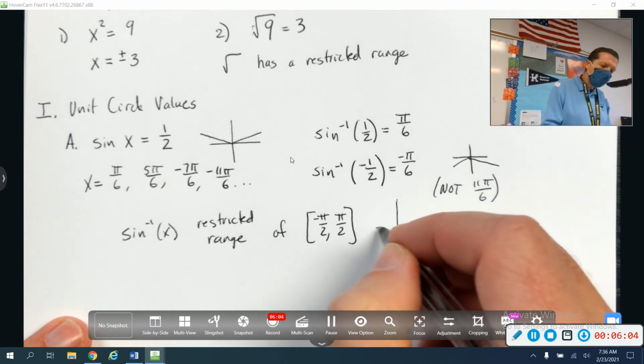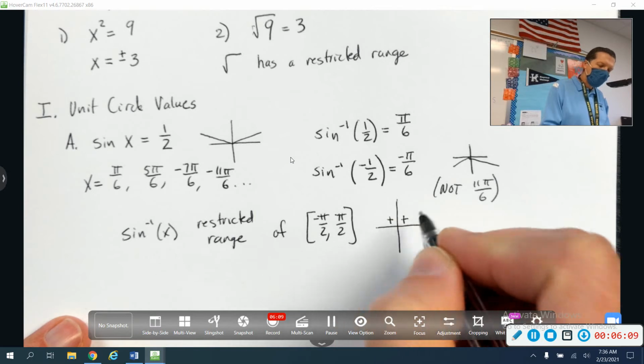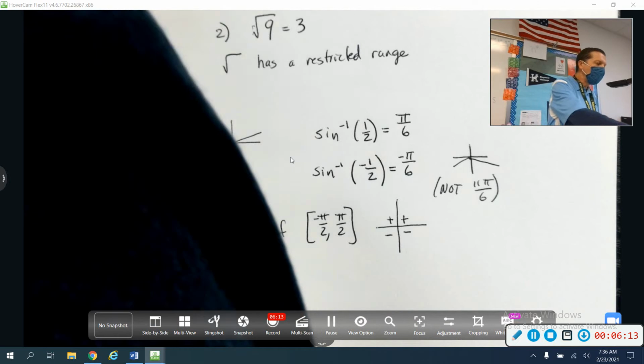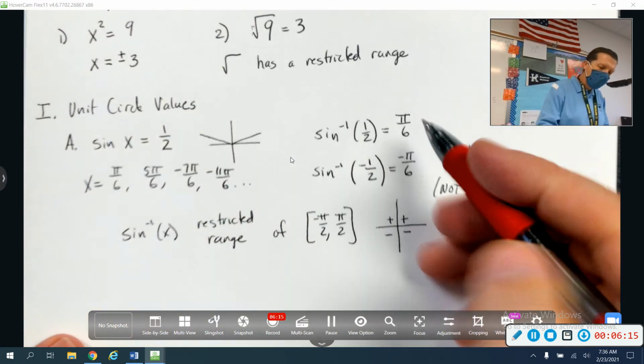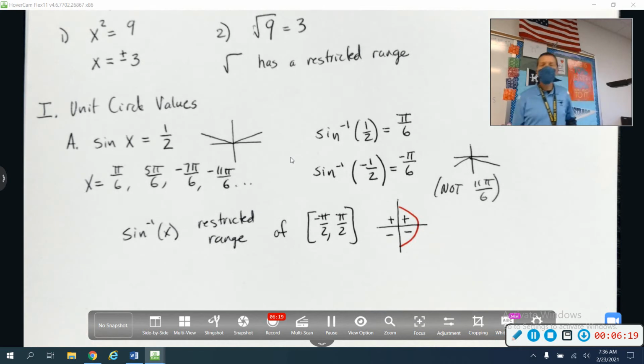Sometimes a picture is helpful. Let's see, sine is positive on the up and negative on the down. And so we're only allowed to pick from quadrant 1 or quadrant 4. And if you pick from quadrant 4, that's fine, but you have to use the negative angle, not the all the way around angle.